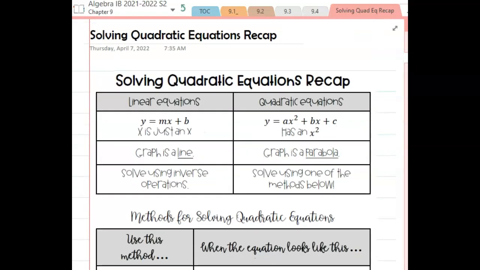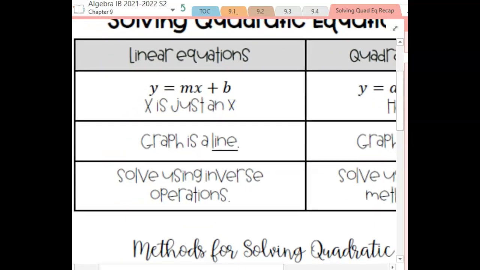Quadratic equations. Really quick, just to review what exactly a quadratic equation is. This year, in Algebra 1B, we primarily talked about 2 different types of equations. We talked about linear equations and quadratic equations. Linear equations, whenever you look at them, the x in the equation is just going to be an x.